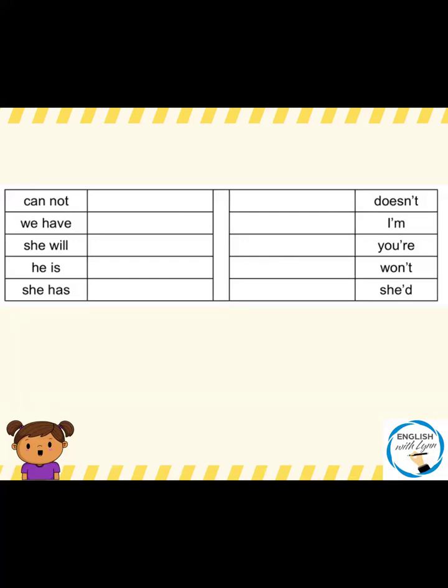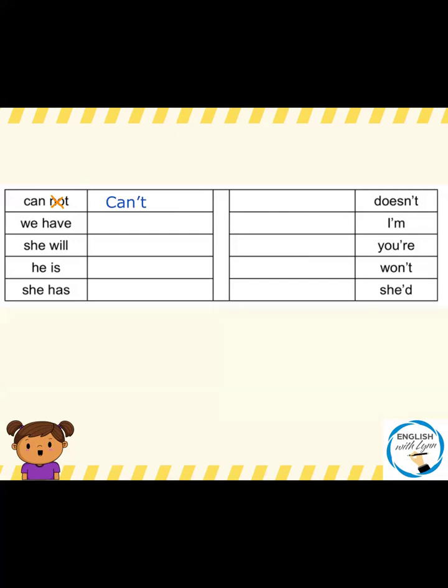So with our first one, "cannot", if I squeeze it together, I am missing out the N and the O. So I end up with "can't". So what I need to do is I have my CAN and then the apostrophe and then the T. So "can't".